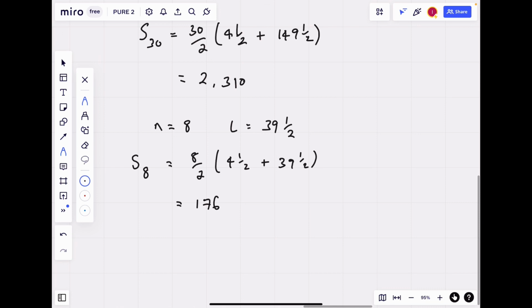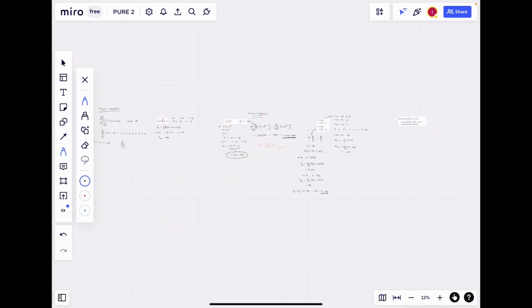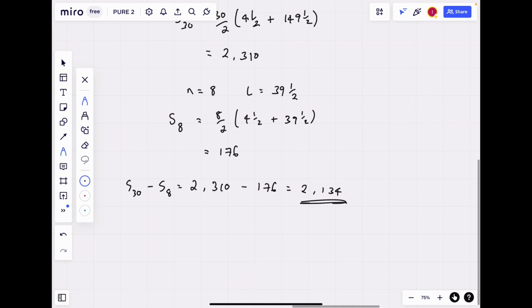Now, if we do 2,310 minus 176, which is S30 minus S8, we are left with 2,134, which is the same as the sigma notation for r equals 9 to 30.